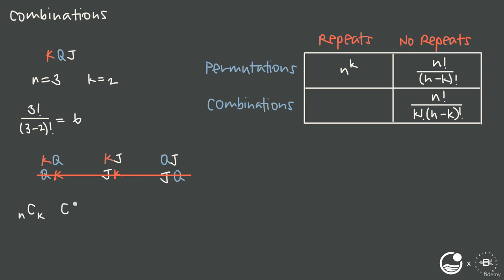Sometimes you'll see it as c and then n, k like this, which means the same thing. We also write the binomial coefficient this way, in parentheses with the n on the top, the k on the bottom, and this means n choose k. It's the combination made from n items when we pick k of them. And all of this notation is referring to the same combinations, no repeats binomial coefficient formula.